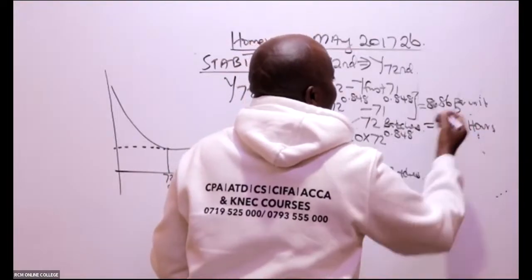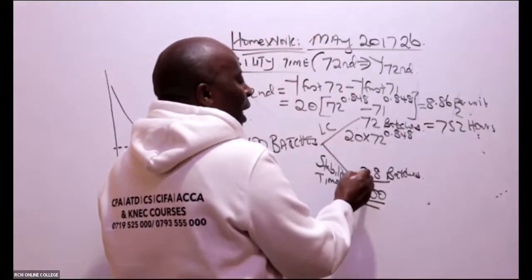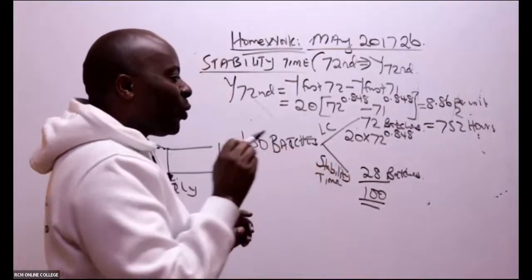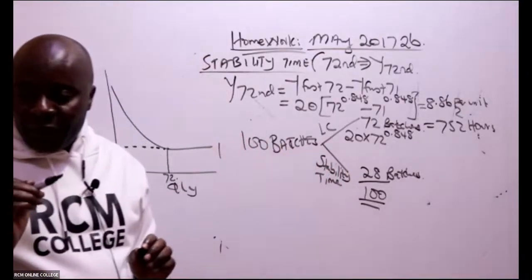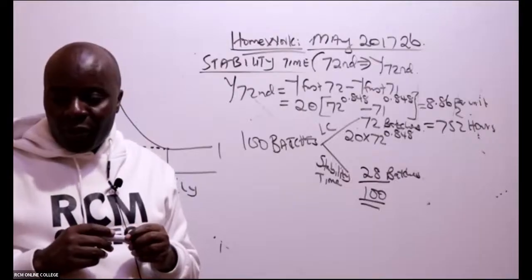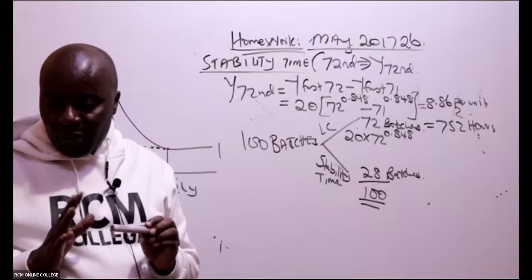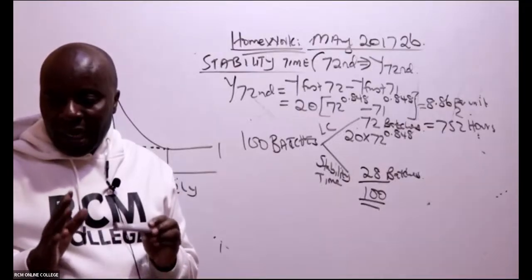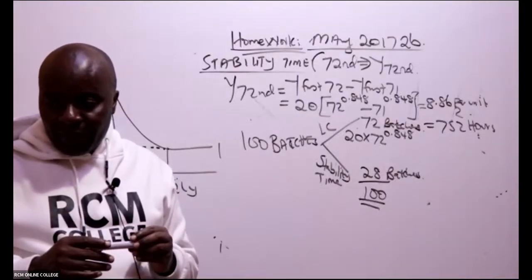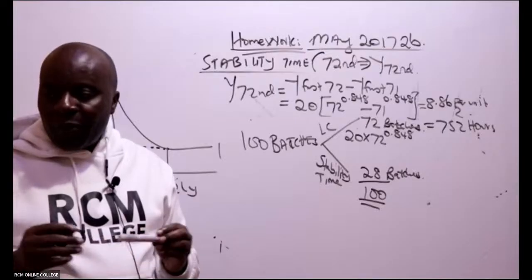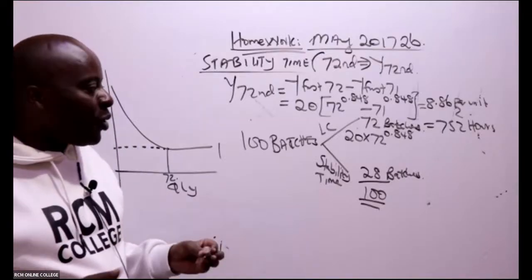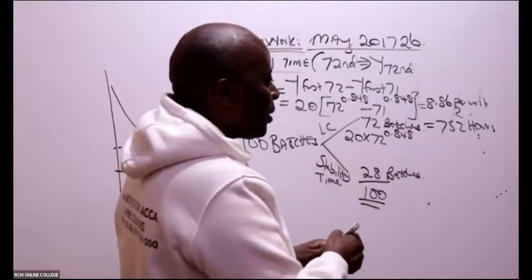Now, what shall I do to get the time for 28 batches? Multiply by the time of the 72nd, because each one of them will be using constant time.